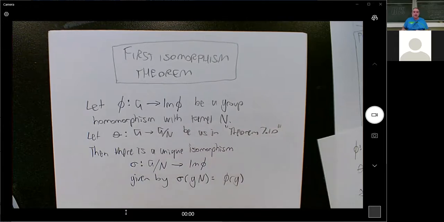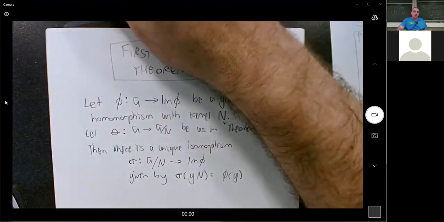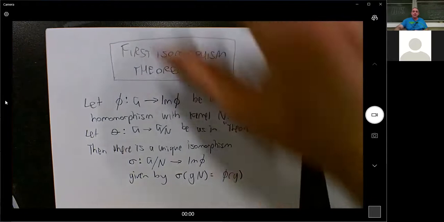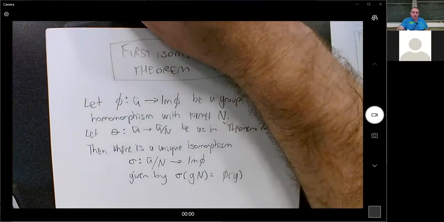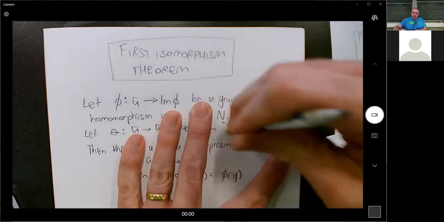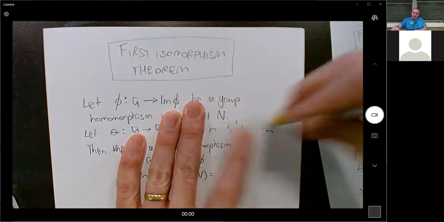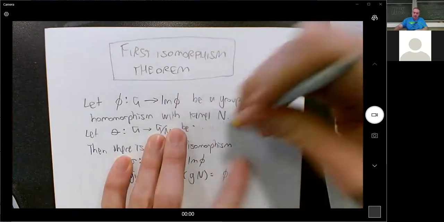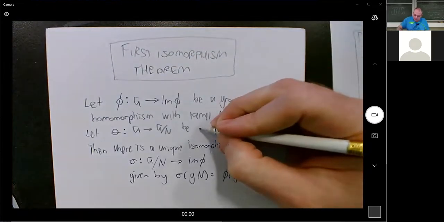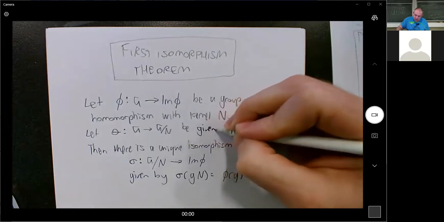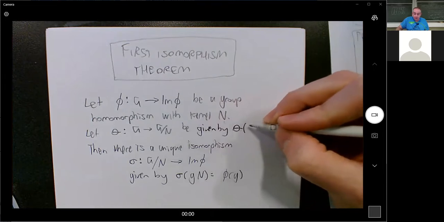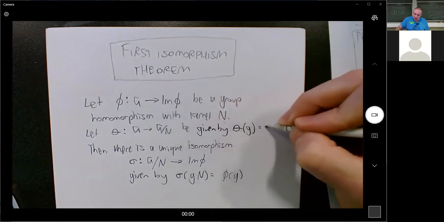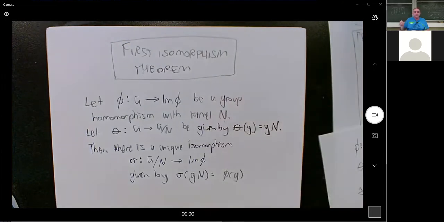Okay, so the first thing we need to fix is what this 'as in theorem 7.10' means. And 7.10 is saying that theta of the element G is the element Gn.